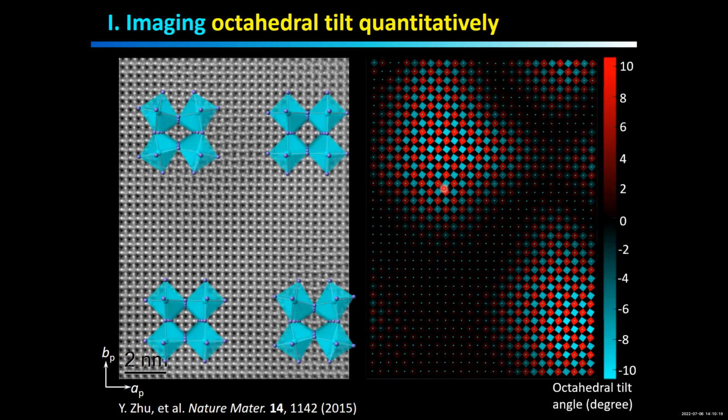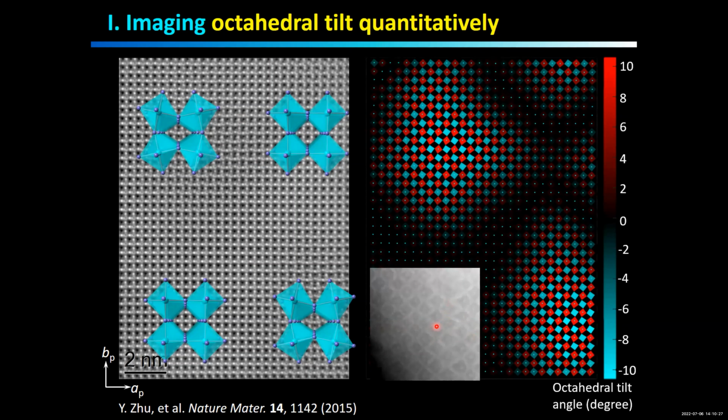After color coding this map, we can clearly see a nanodomain pattern, which is consistent with the low magnification observation that we've seen before. So not only does this confirm the modulated octahedral tilt is the reason for this nanodomain pattern, but it also demonstrates a powerful imaging mode to quantitatively measure the octahedral tilt angle.